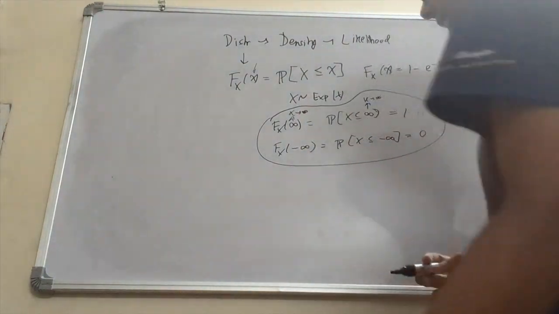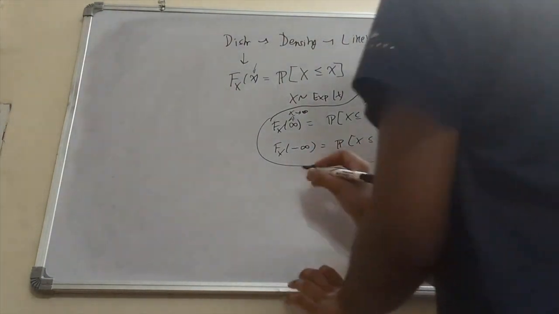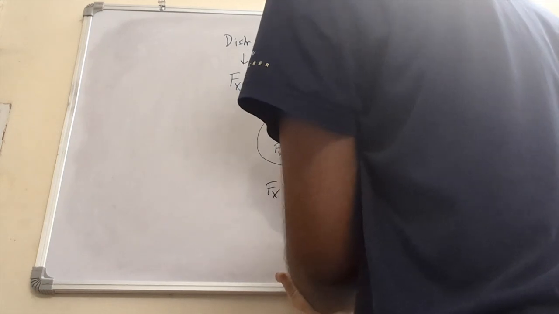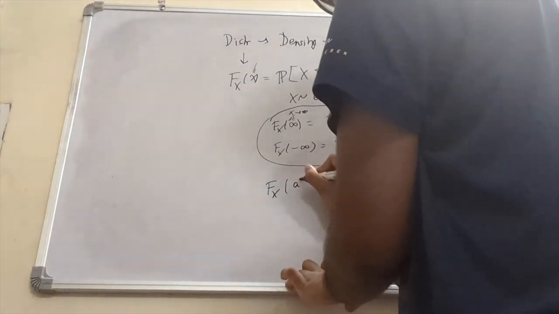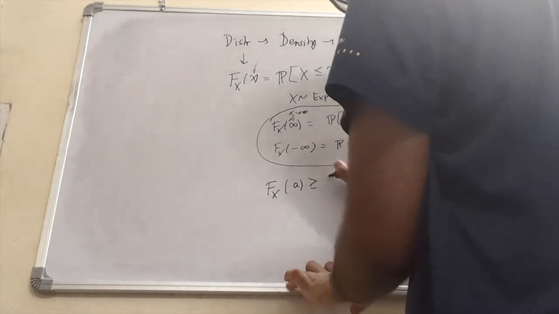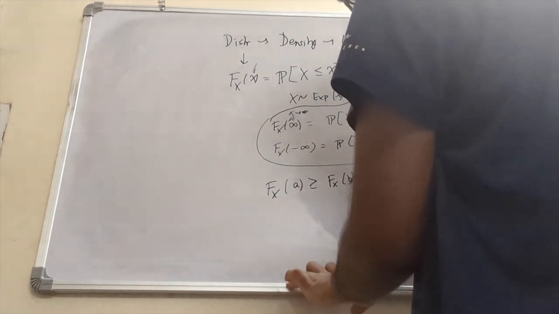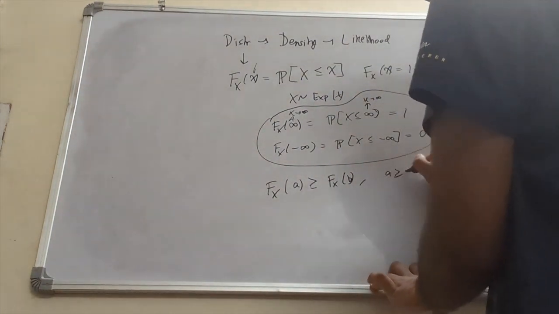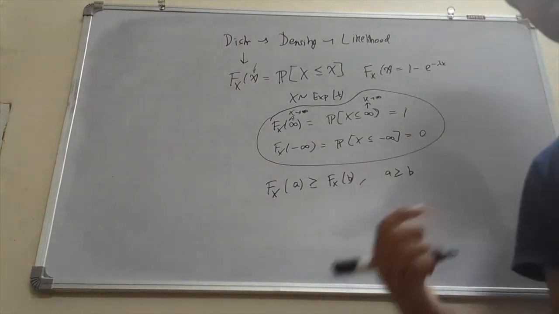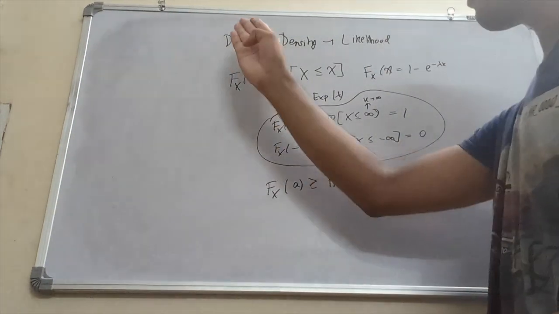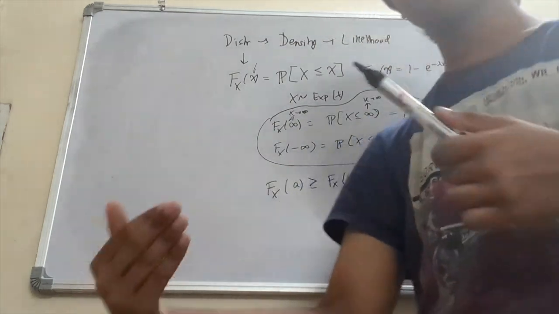The third major property is that F_X(A) is greater than or equal to F_X(B), where A is greater than or equal to B. That shows that the distribution function is an increasing function.